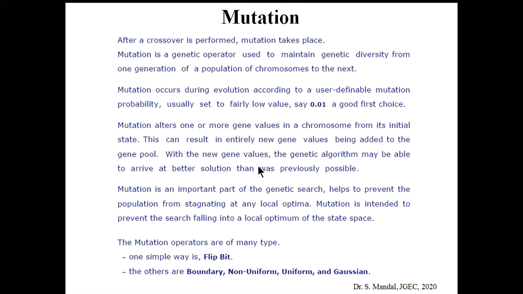Now, it is mentioned that mutation alters one or more gene values in a chromosome from its initial state. This can result in entirely new gene values being added to the gene pool. With the new gene value, the genetic algorithm may be able to arrive at a better solution than was previously possible.